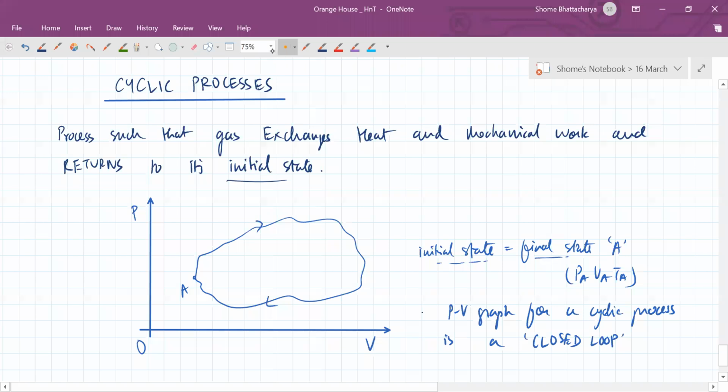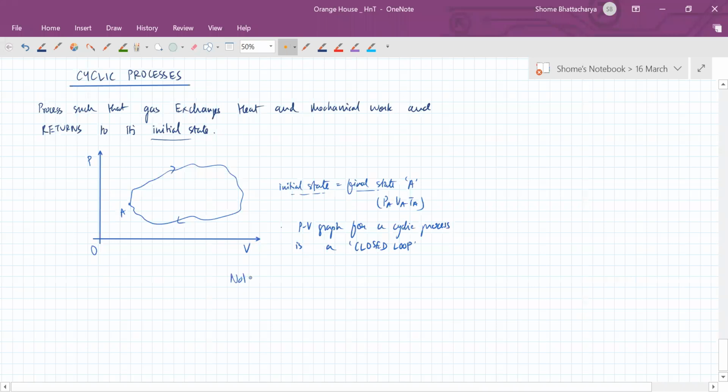Okay. So the first important property of a cyclic process is that delta U for a cycle will be zero because U is a state function. So if initial state equals final state, that means initial internal energy equals final internal energy.